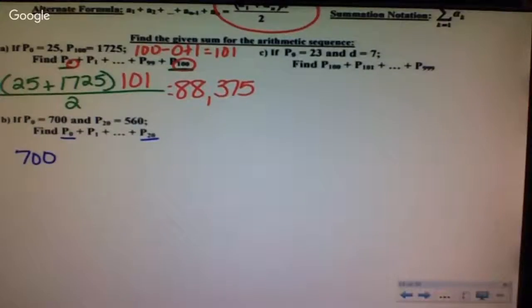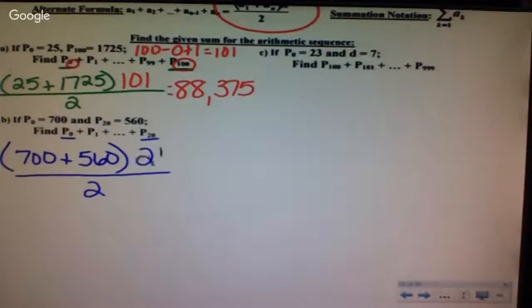So 700 is your P sub 0 and P sub 20 is 560, divided by 2. How many terms go from 0 to 20? It's going to be 21. Again, if you have a hard time with that, 20 minus 0 plus 1 gives me that 21.